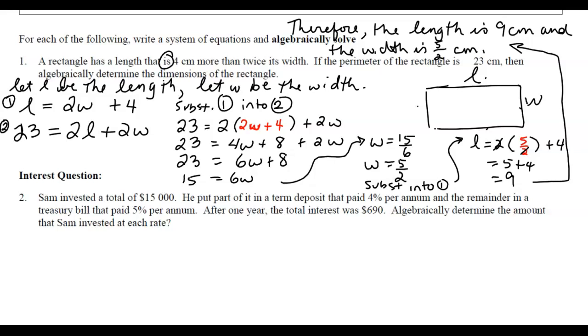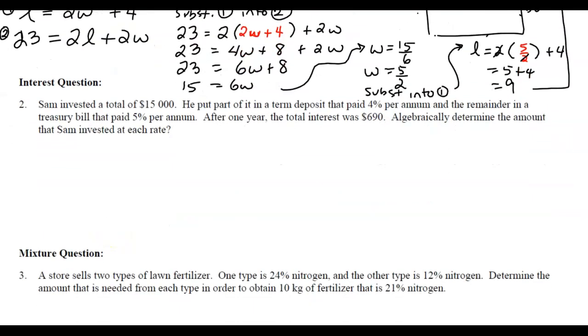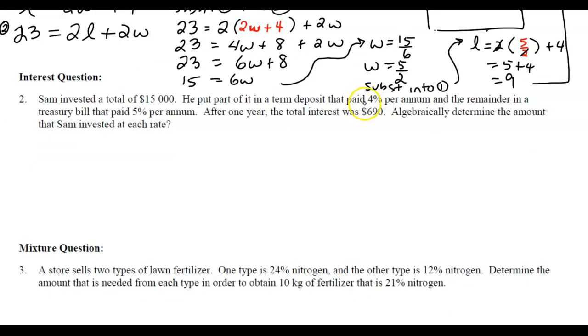That last statement often tells you what your unknowns are. So this will be the amount Sam invested at each rate. I'm going to change to blue here. So there's the term deposit and the treasury bill. I'll just use X's and Y's. Let X be the amount invested in a term deposit.